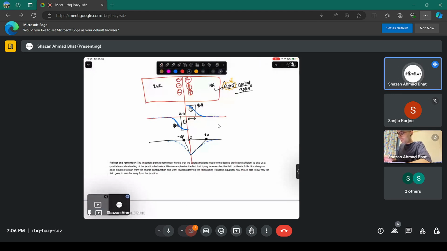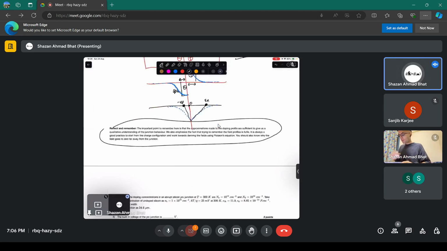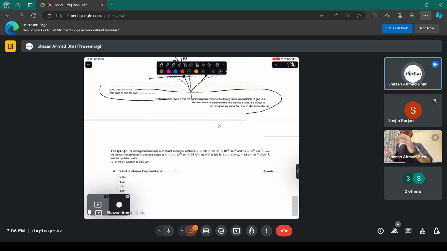But we named it quasi-neutral because there is some influence of the field, and you will see why this field is important in upcoming courses or higher classes. This field is really important for these devices, and that is maybe the point the professor wants to mention here. Now moving on to question 6 and question 9, just numerical questions.